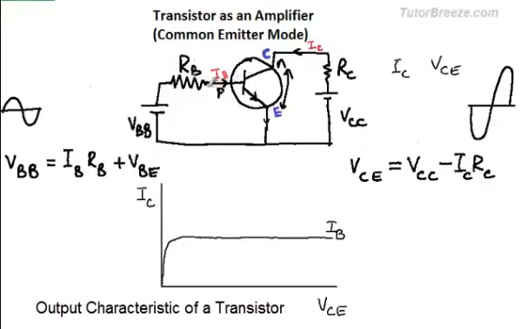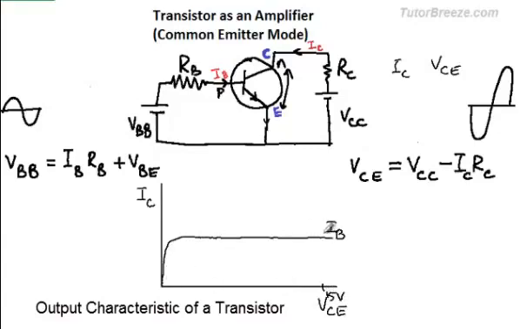First, the base current is kept fixed, and then by varying the output voltage, the variation of current is plotted. So we find that first the current increases and then it saturates and then it stays at the same value even if we increase the voltage, say up to about 15 volts.